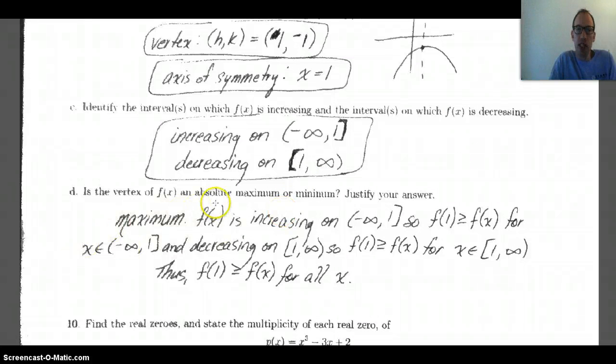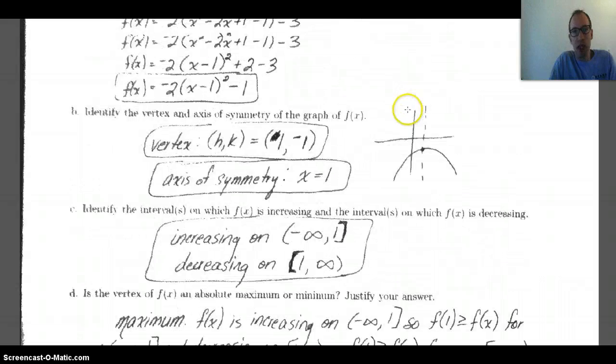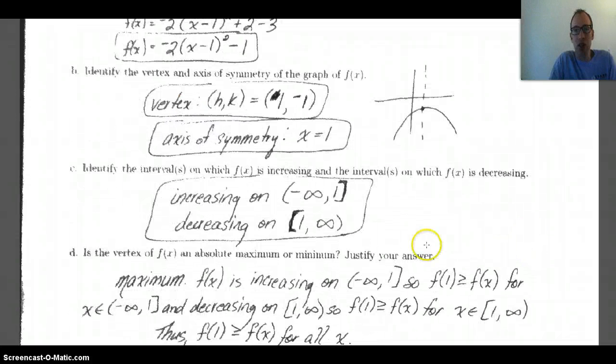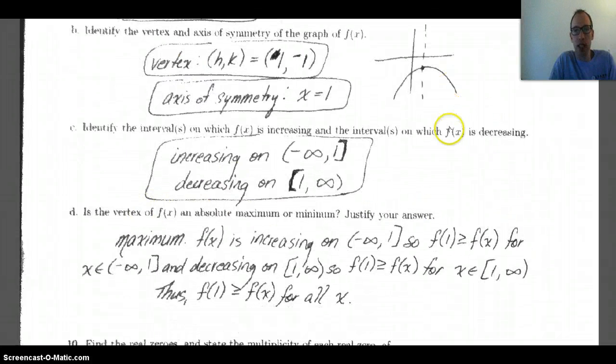And is your vertex a max or min? Well, you might know it's a max because this parabola has a -a value, so it opens down. So because it opens down, the vertex is a max. We can also look at it more analytically.